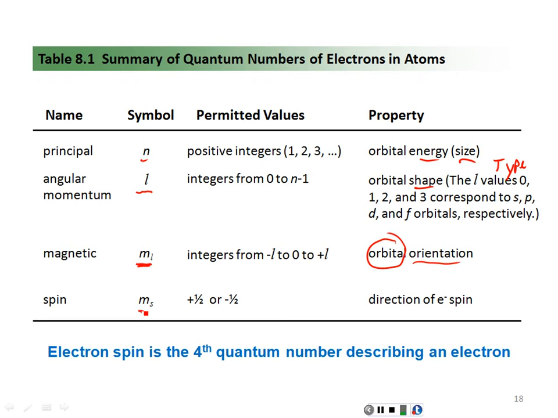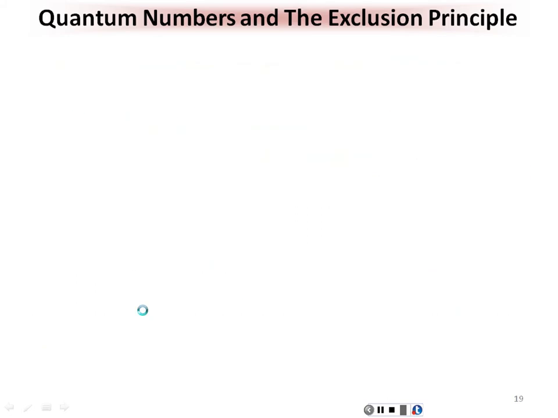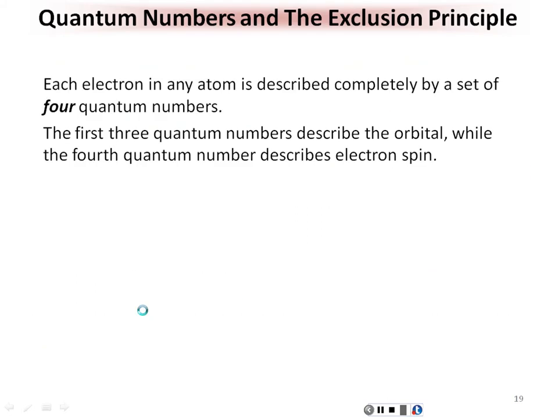It can be plus 1/2 or minus 1/2, and this is the direction of the electron spin. So each electron in an atom is described completely by the full set of 4 quantum numbers. The first 3 quantum numbers describe the orbital. The last quantum number describes the specific electron.